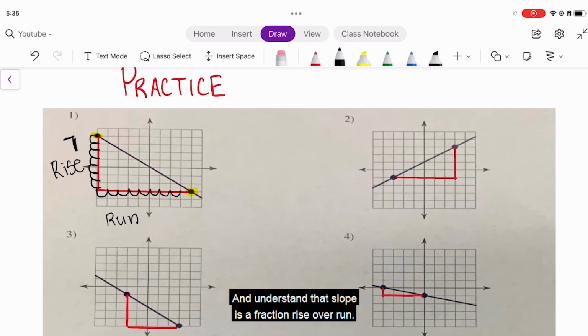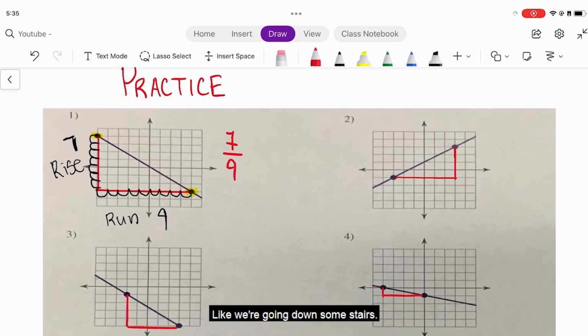All right? And understand that slope is a fraction, rise over run. So when I go to put my answer is going to be 7 over 9. And because that line is slanting downwards, right, like we're going down some stairs, it's a negative slope. So negative 7 over 9. Okay? Now let's go to the second problem.